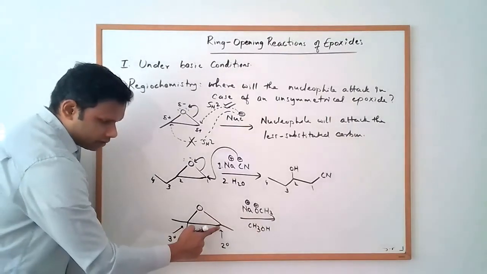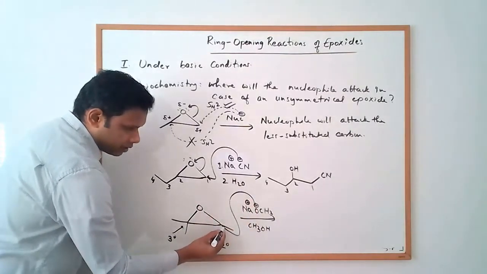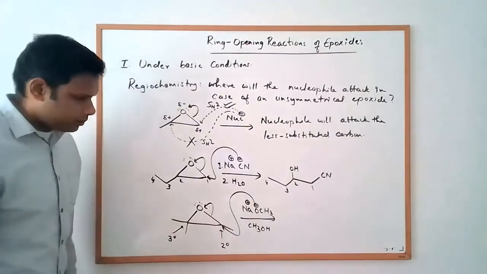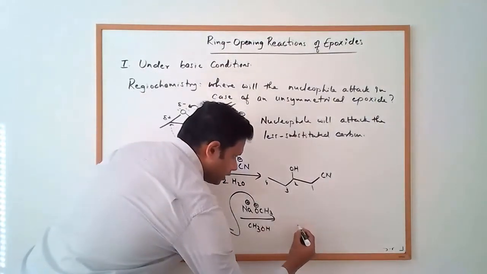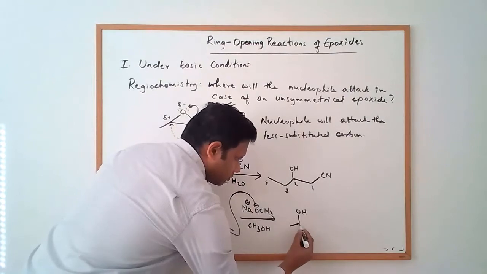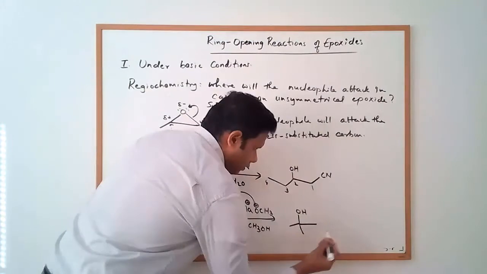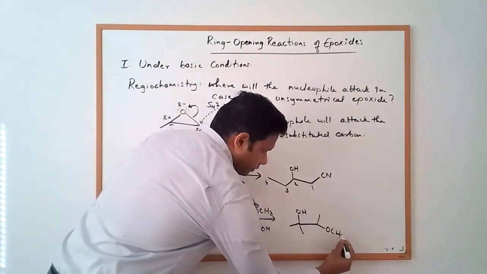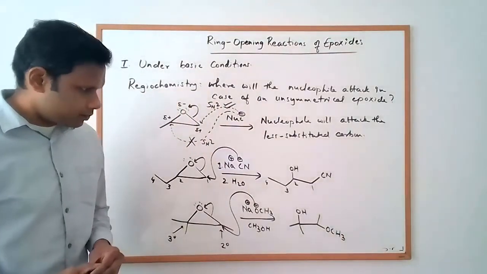Because we have the less substituted carbon here, the methoxide is going to come and attack this carbon here, and the ring would open up. So in the end, we will get the hydroxyl here. That carbon would have the two methyl groups to it, and then you're going to have the methoxide connected to that carbon.